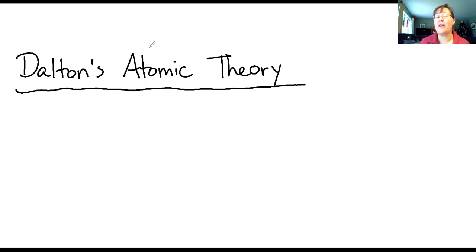And we know now that they are not. The reason that they are not is because of something called isotopes. Isotopes have different numbers of neutrons in them.